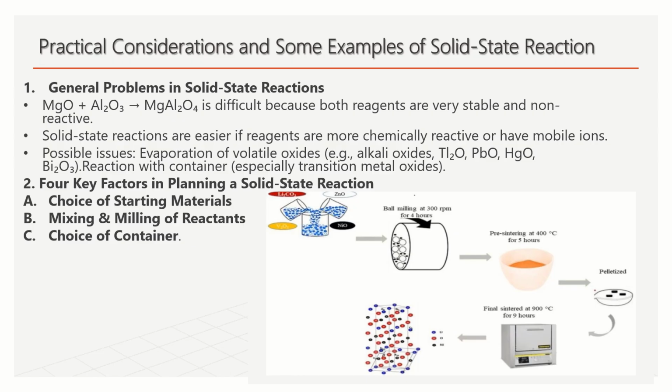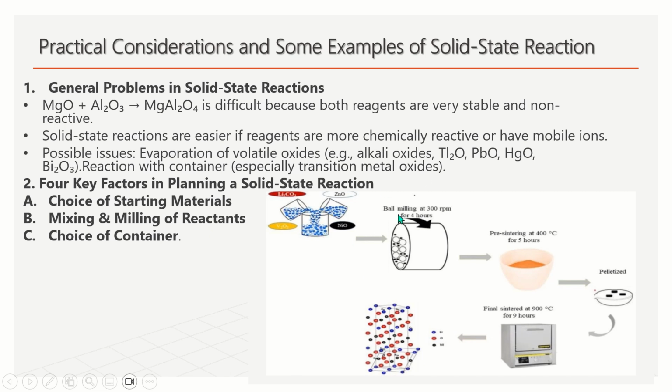Now for the second thing, that is mixing of reactants, which is to get them as close as possible. The solid state reaction only happens where the particles touch. So we mix and grind these powders extremely well. We can do this manually using mortar and pestle or using mechanical mixers like ball mills.